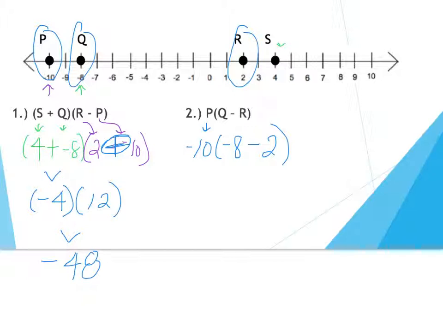Do what's in my parentheses first, -10 times -8 minus 2. And again, we can rewrite this as -8 plus -2. So that becomes a -10. And -10 times -10 is +100.